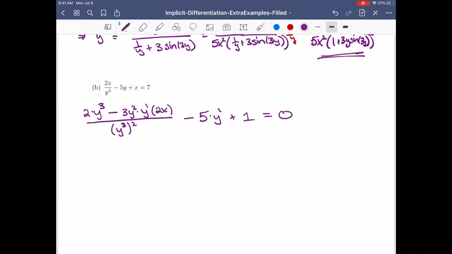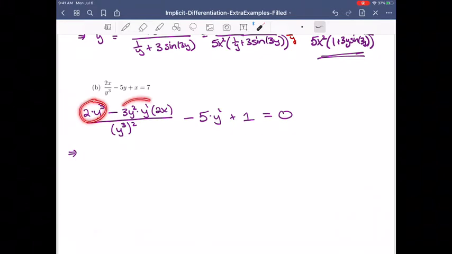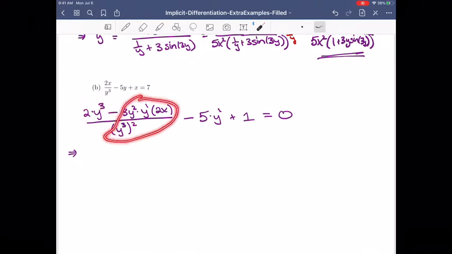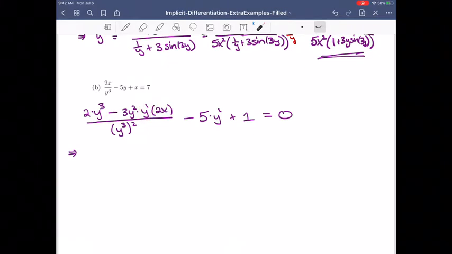Okay, so now I want to simplify. So I have two things that are subtracting on the top over the same bottom. So I can actually write this as two different fractions. I want to do that because y prime is in one of them but not the other.